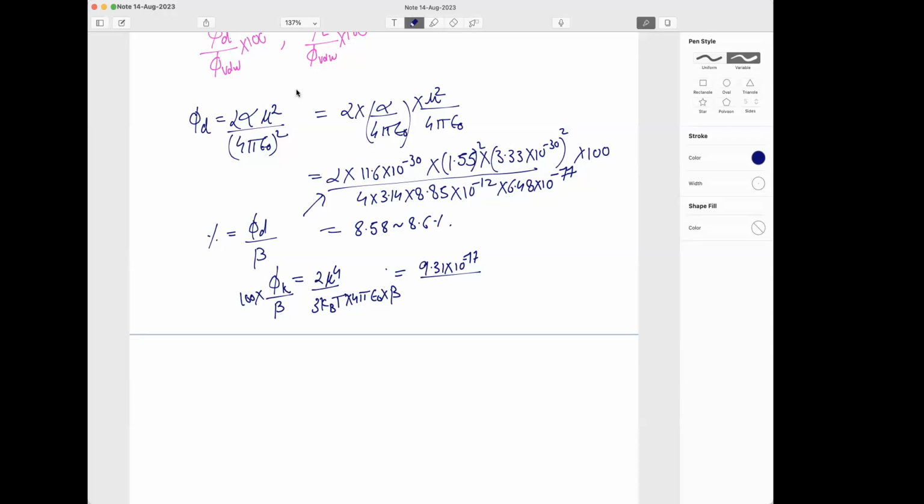Fourteen point three. Is it correct? Minus 7.